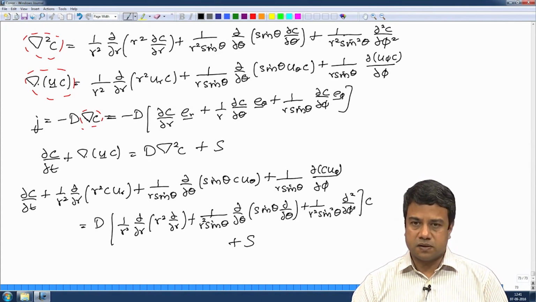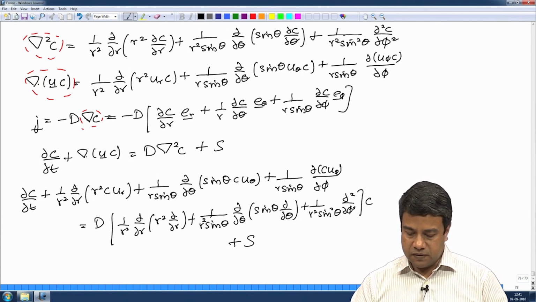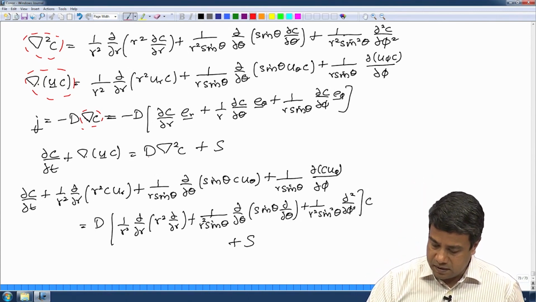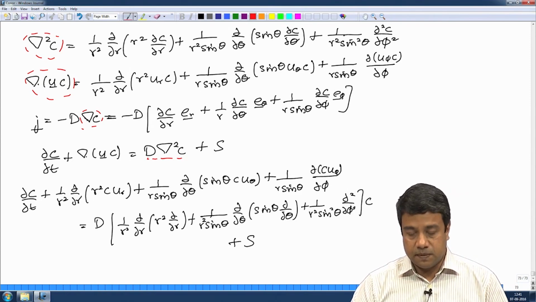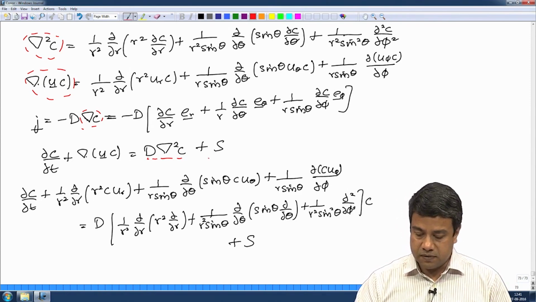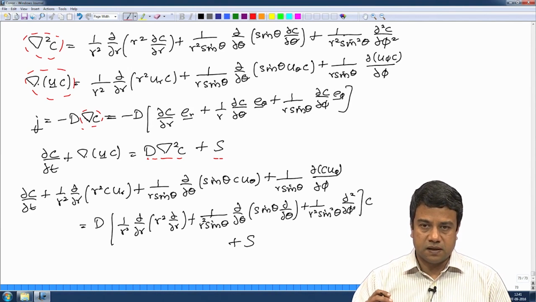Next, we will look at how to solve these balance equations in limiting cases where convection is dominant and where diffusion is dominant. First, when diffusion is dominant. If you recall, the diffusion term is the Laplacian of the concentration field. So, when diffusion is dominant, the Laplacian of the concentration field is just equal to the sources. So, the procedures for solution basically reduce to procedures for solving the Laplacian.